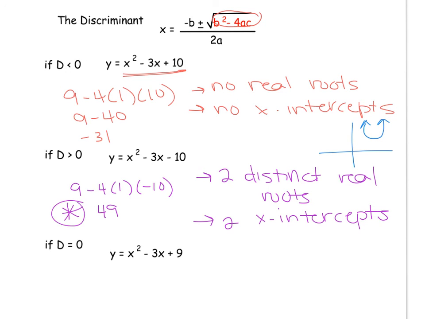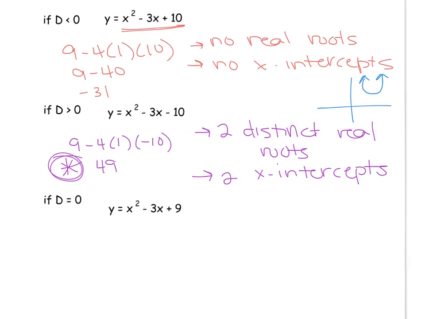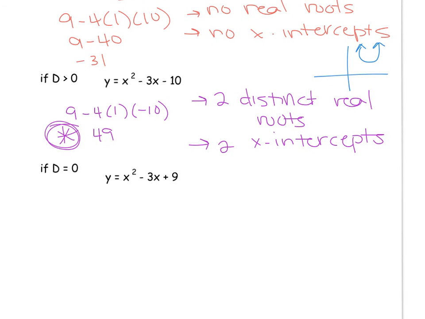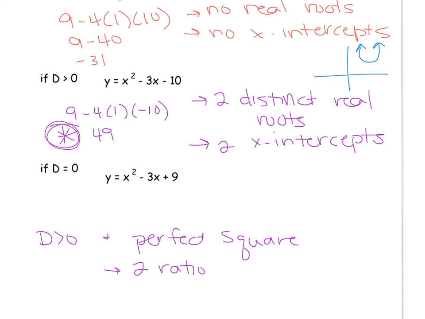Something else to note here, when your discriminant is greater than 0 and is a perfect square, what you have is two rational real roots.